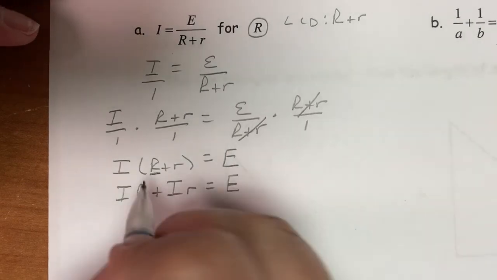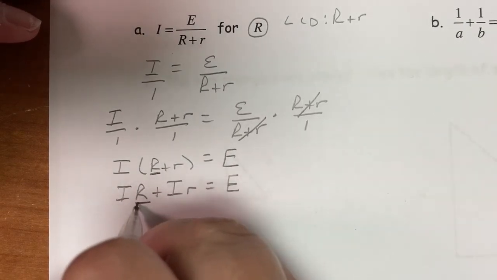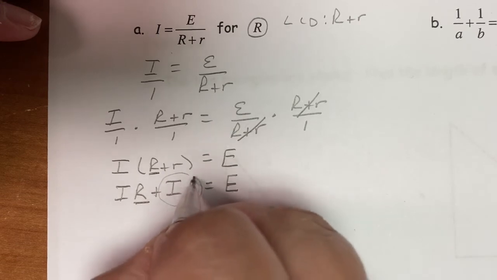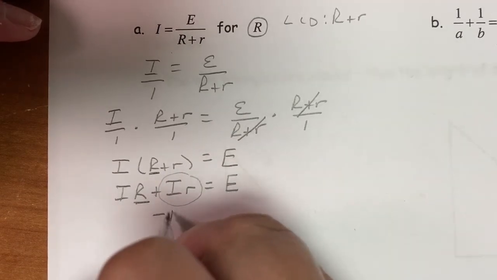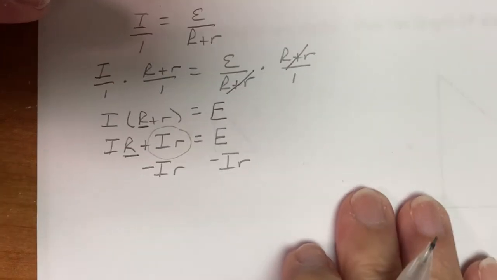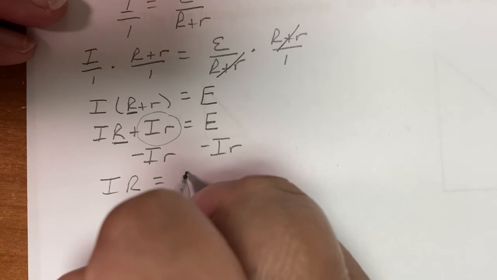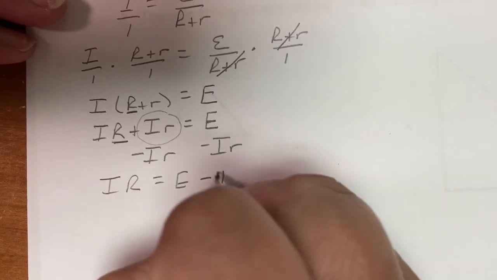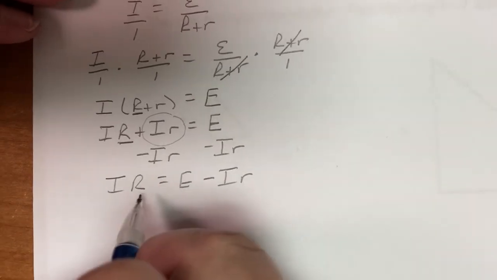So now again, I want to get this capital R alone on one side, which means I want to get rid of this guy. So I'm going to subtract I little r from both sides of my equal sign. So I'm going to have I big R is equal to E minus I little r. So I'm going through all my steps for solving equations. Now I want to get the big R alone. So how would I get rid of this I?